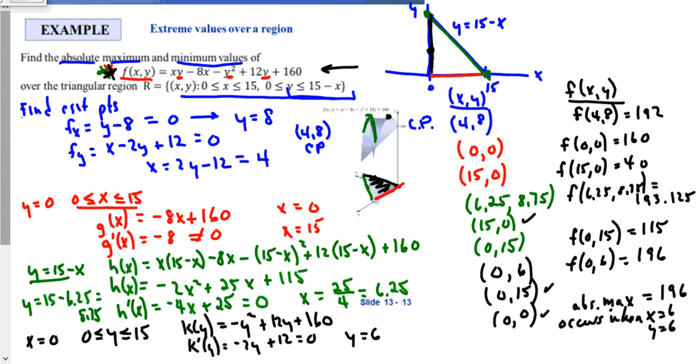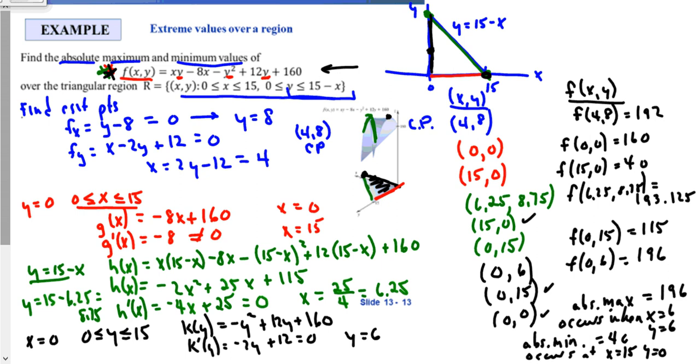And then the absolute minimum looks like it's at 40. And that occurs when x is 15 and y is 0. So that occurs here, which would be down here.